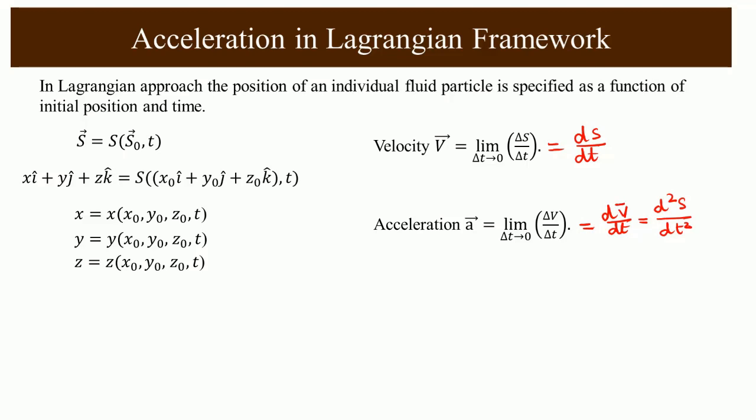Of course, these are vectors. That has to be understood when we go with the Lagrangian approach. It is easy here, but the particle has to be specified. For a particle, this is how we find the velocity and acceleration in the Lagrangian framework.